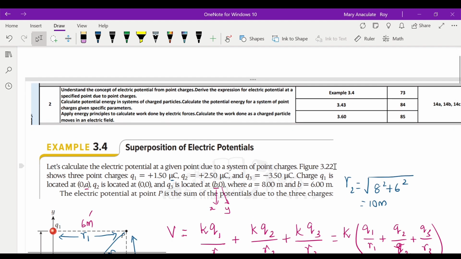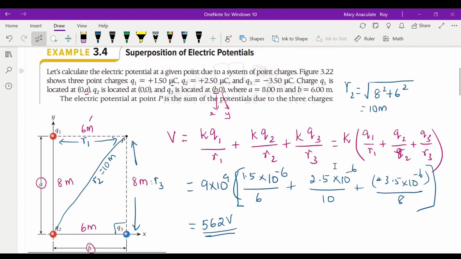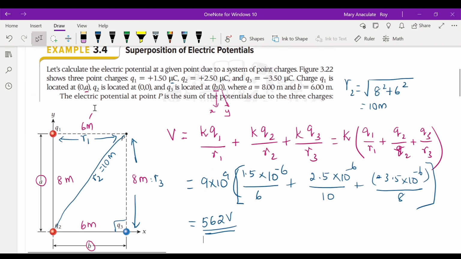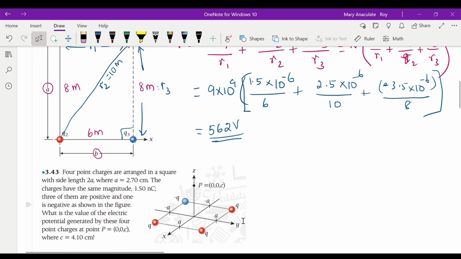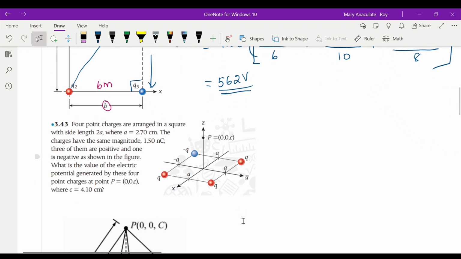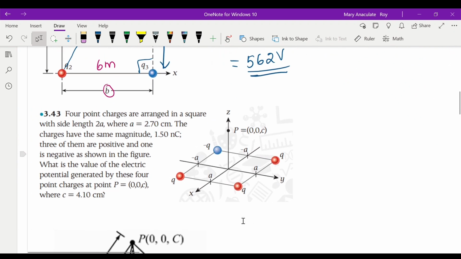Now, here remember, V is electric potential and the unit we have used is volt. Now second question, it's from the practice questions, end of chapter question 3.43.